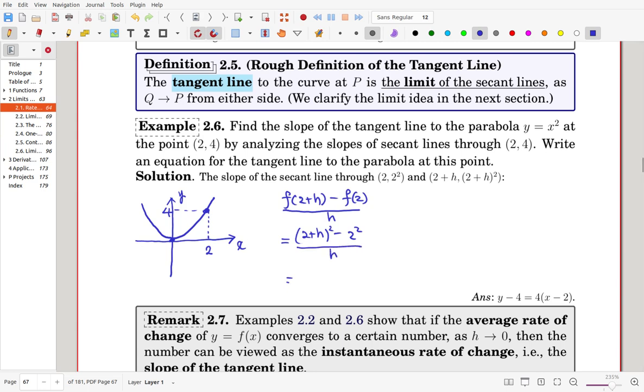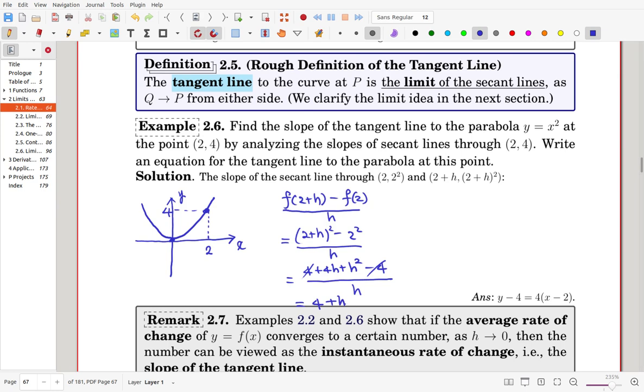After expanding, we get 4 plus 4h plus h squared minus 4, divided by h.